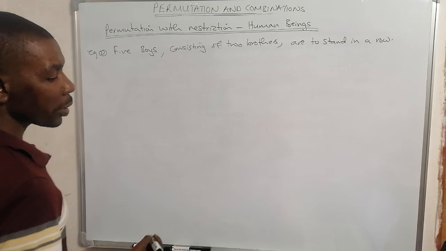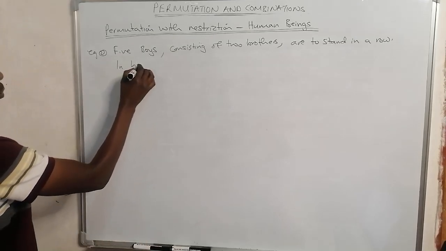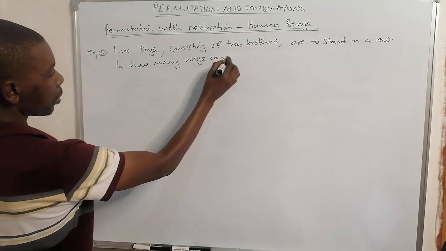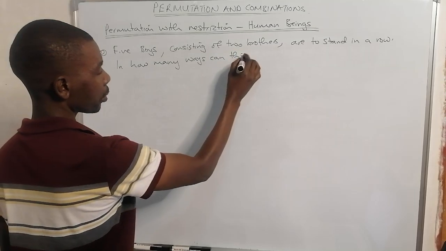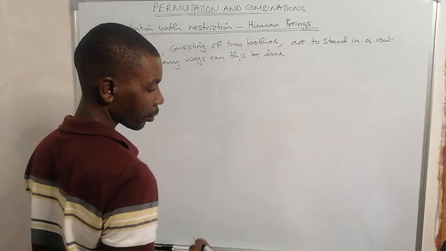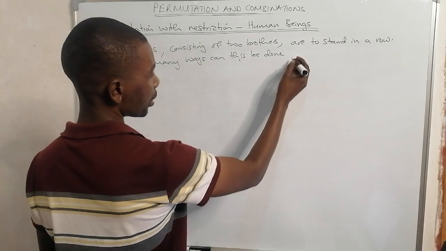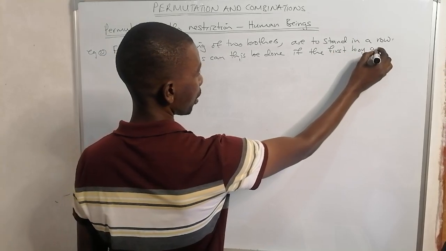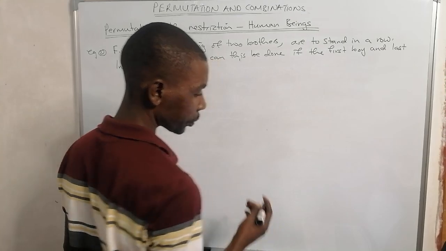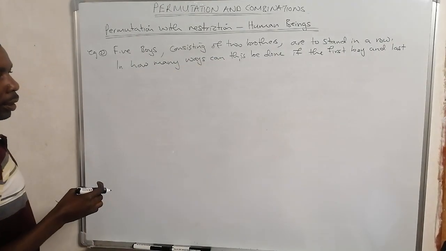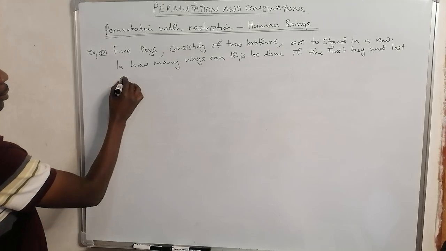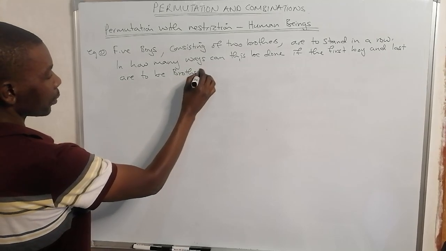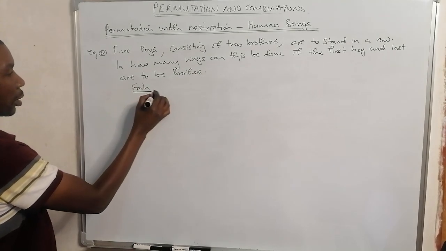In how many ways can this be done if the first boy and the last boy are to be brothers?